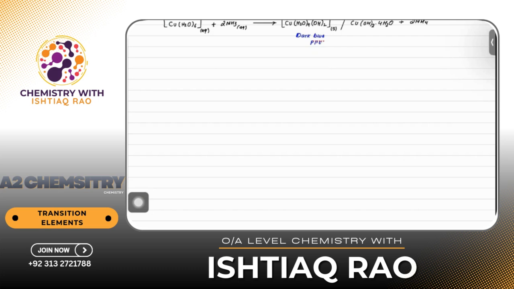So after adding excess ammonia, we will see that. And by the way, this is again an acid-base reaction, because ammonia is acting as a base in this.